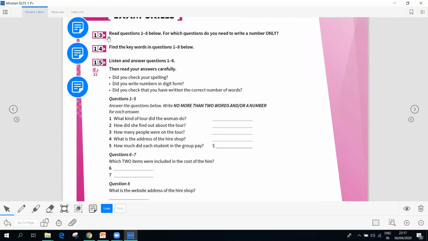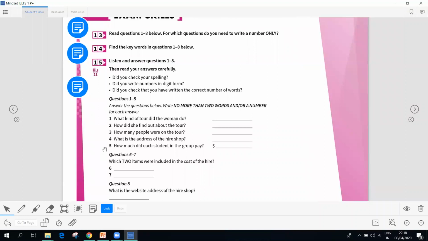So in task 13, you need to find out for which questions you need to write a number only. To do this, you need to focus on the question word.